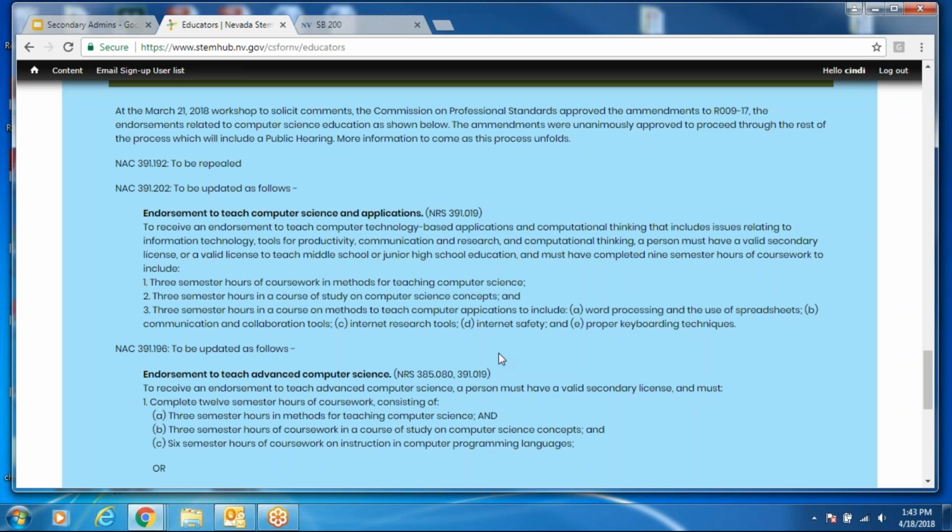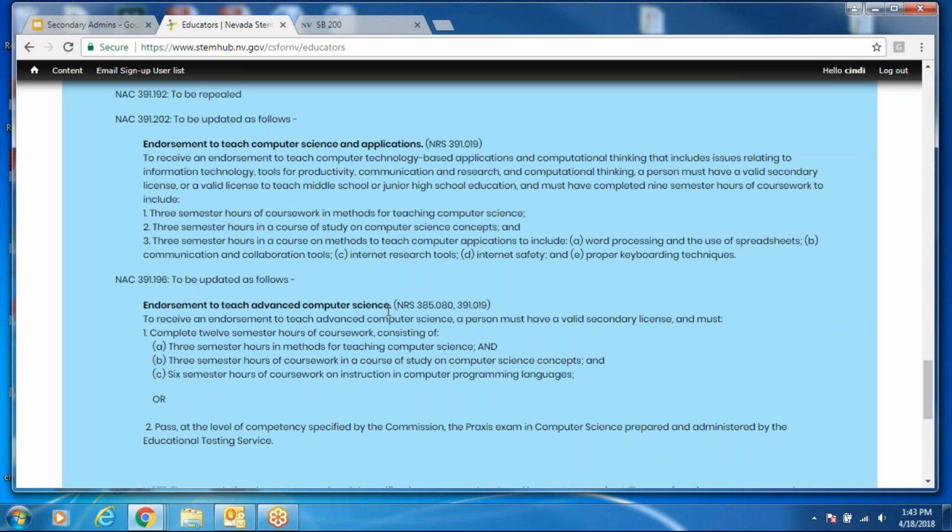Okay. And then for the advanced computer science course, for those who want to go on to teach the CTE pathway, for example, they would need to have the methods and the concepts, so you can see that they are layered on, built upon those other 2 requirements in the previous endorsement, and then 2 additional courses in computer programming languages.